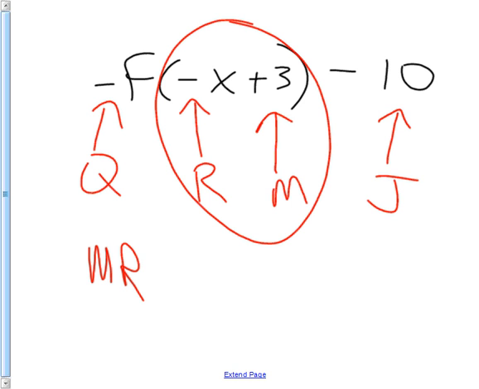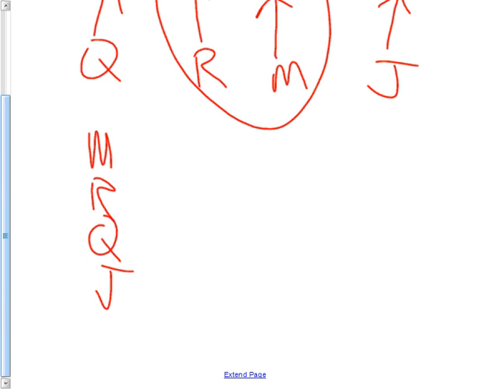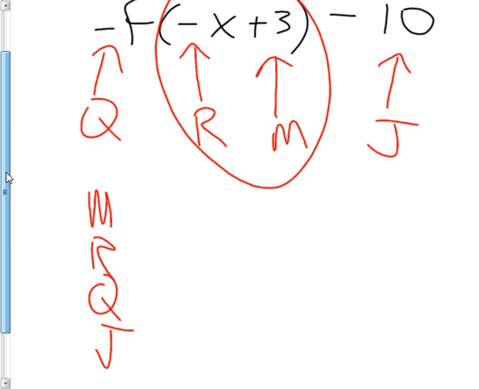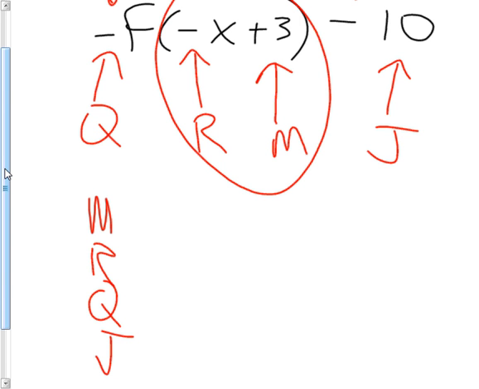M first, R second, and then of the outside ones, it's just like last time, so which one's first? Q is next. You do it in the normal order, and multiply comes before subtract. MRQJ, Mr. QJ. Mr. QJ is the answer.